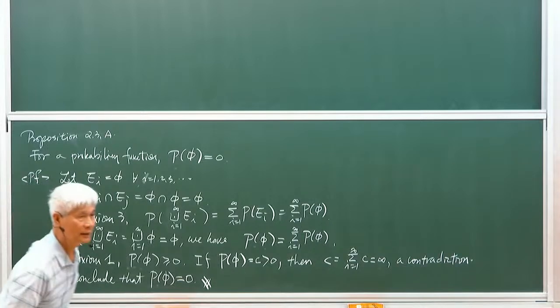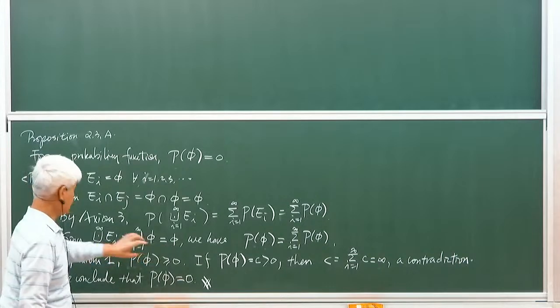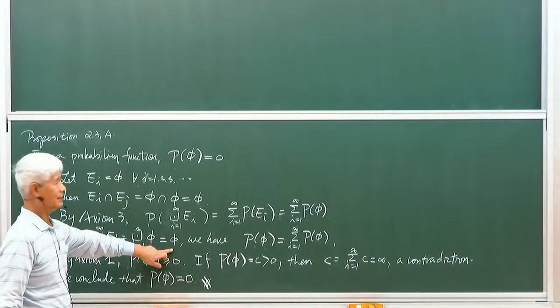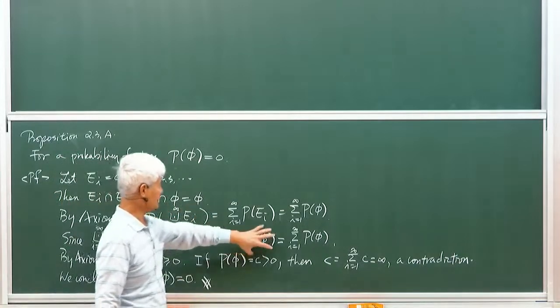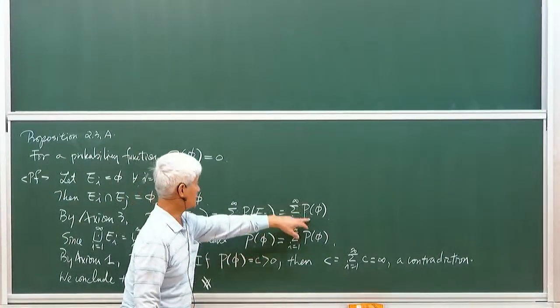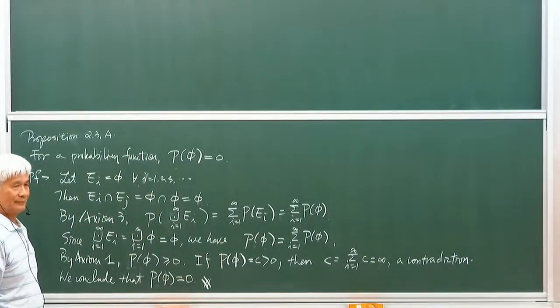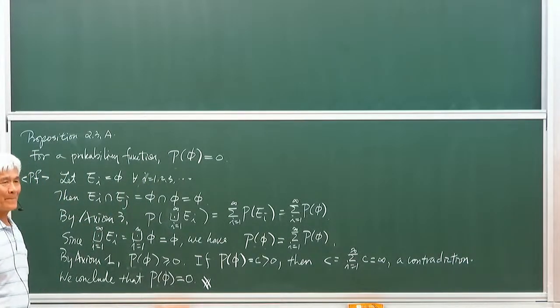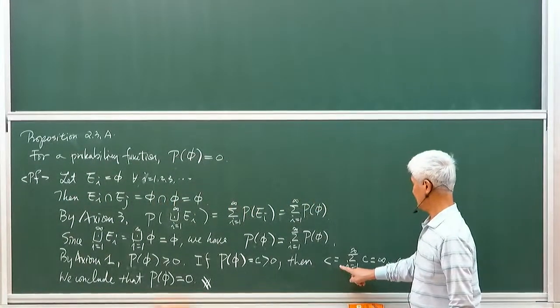Yes? Explain the line after "since". This union is the empty set, right? So this is the empty set. So P of the empty set is equal to the summation of P of the empty set. What we have taken is P of phi equals 0, right?